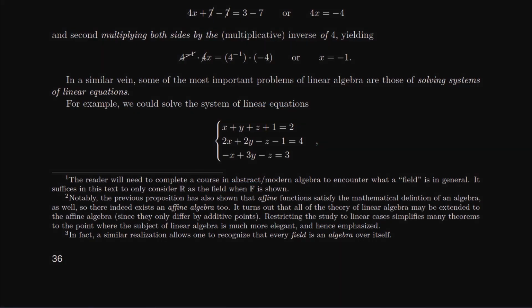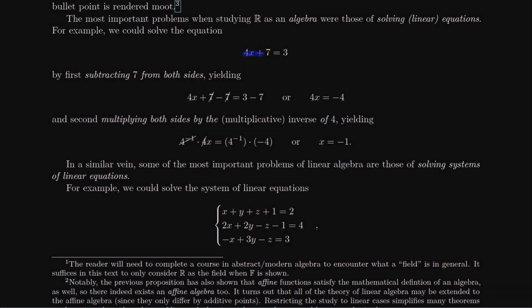Well, we first have to understand what we mean by the function of this equation. Let's look at this equation first. We decided that the function was the left-hand side, right? So f of x here is 4x plus 7. If we think about our systems of equations, we're going to consider the function the left-hand side. But if we want to restrict to linear functions, we can only consider the function as the terms that don't have additive constants. So if we want to do linear functions, on the left, what do we have? We have the function f of x, y, and z, but now f is a multivariable function.